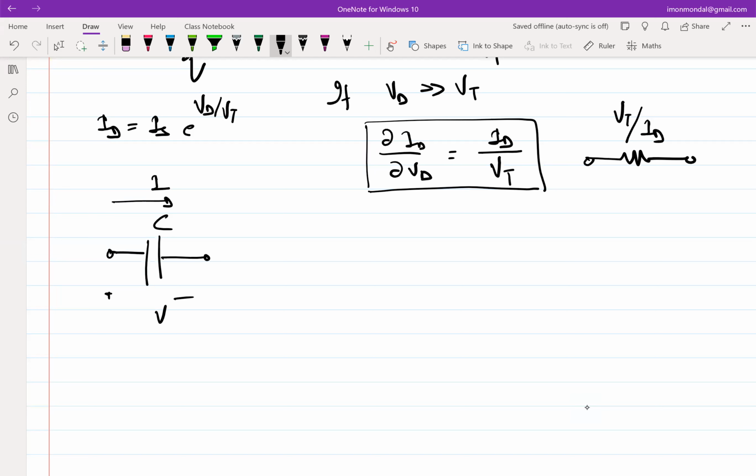So when you have a capacitor, we'll just put the capacitor, bias it with a certain voltage. Let's say VCQ. So this is VCQ. Okay.